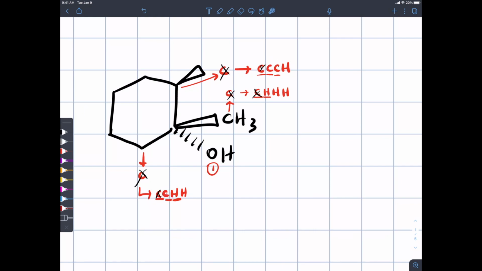Carbon, carbon, hydrogen, that guy's the loser, so that's 4. Carbon versus hydrogen, this is the winner, so this group is 3 down the bottom, and this group is 2. So you have 1, 2, 3, and 4 for the methyl group.